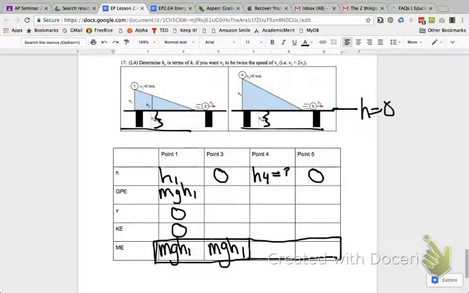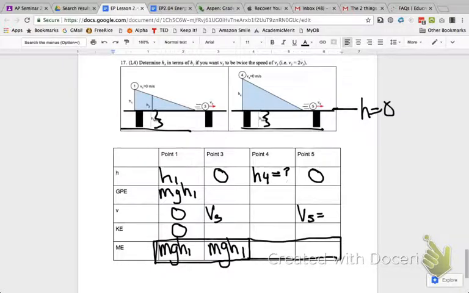And at point 3, we don't know our velocity, but in the problem, it does tell us that V5 equals 2 times V3. So I'm going to put that over here.